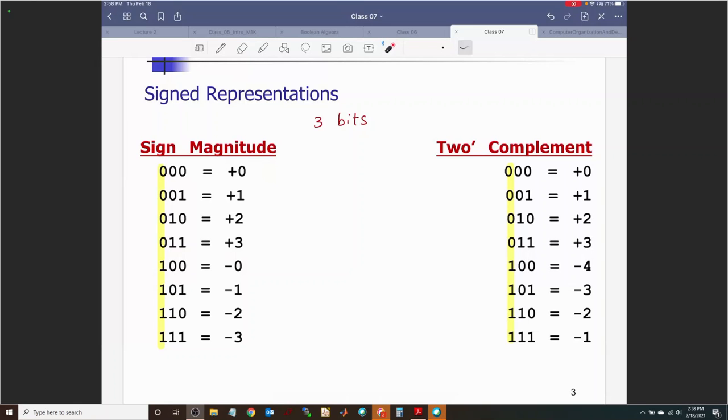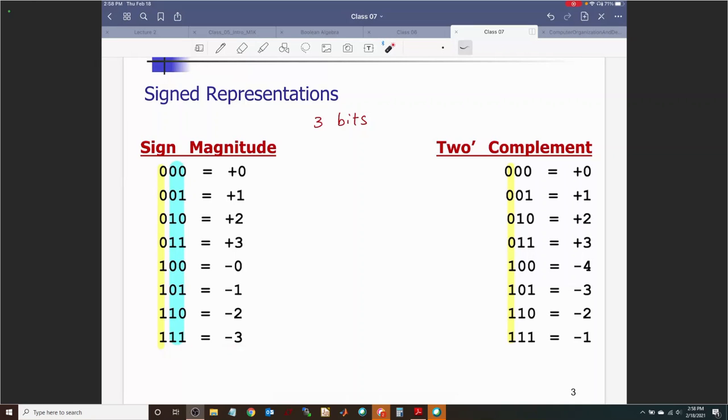If the first bit is for sign in both cases, what about the next 2 bits? For the sign magnitude case, it was pretty simple, because we just took the next 2 bits and said that's my value. 0, 0 is 0, 0, 1 is 1, and so on. So we literally separated out the sign and the magnitude. It worked very well to represent numbers. However, the problem is that when you end up doing arithmetic with sign magnitude, you get into a lot of complications.